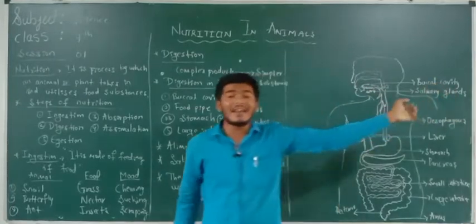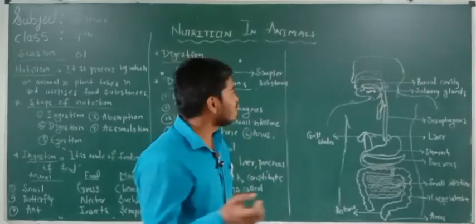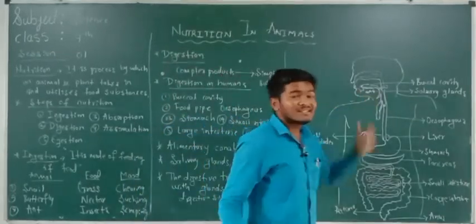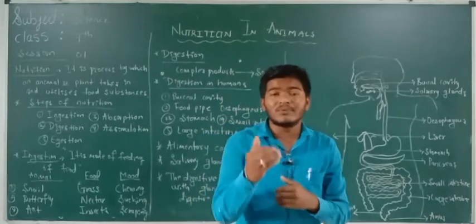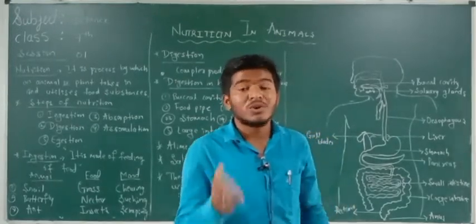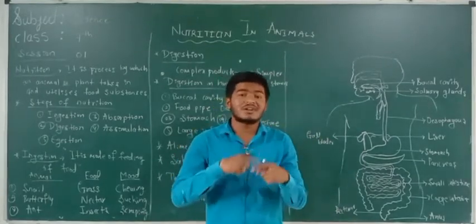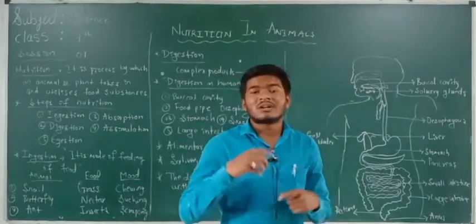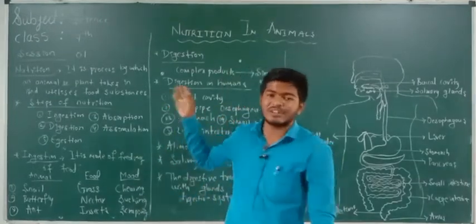These secrete juices called saliva, which is helpful for the digestion process and converts the starch present in the food material into glucose.